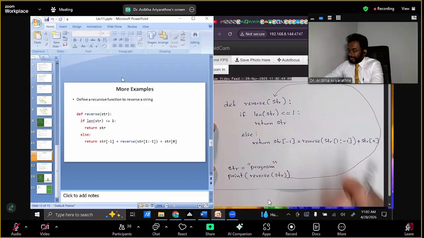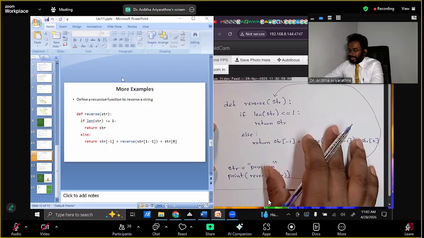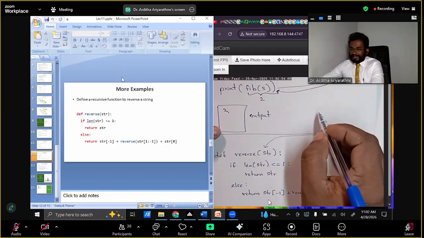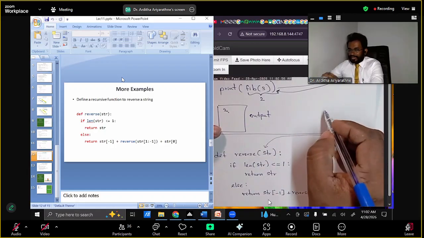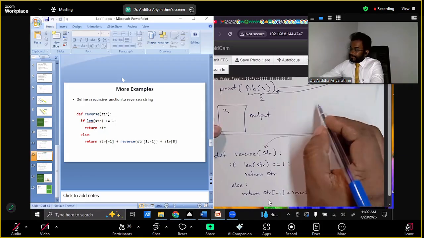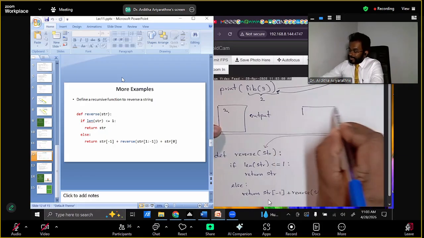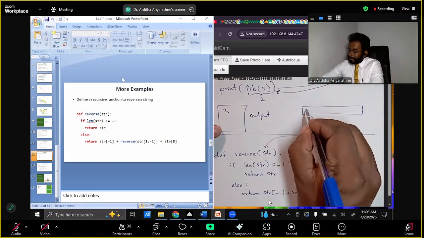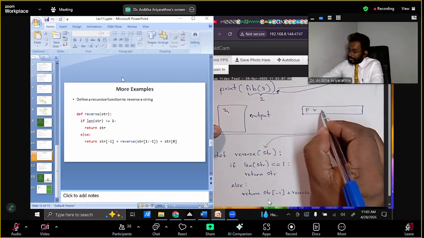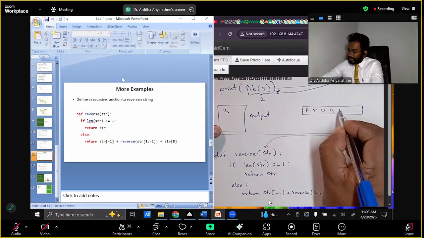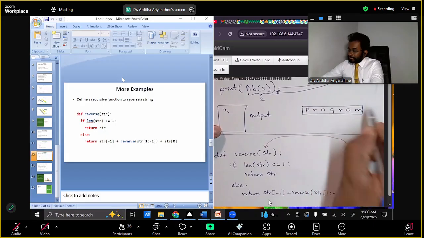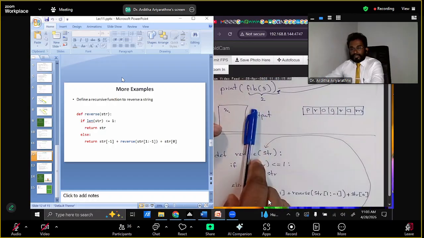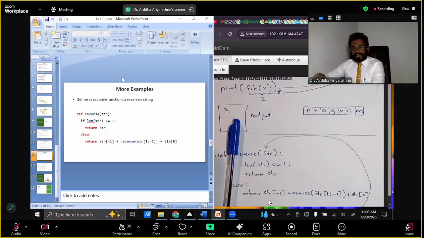str[-1]. So I will recall your memory, students. String is also just like a list. So the letters are stored like this: P R O G R A M. There are two different indexes.